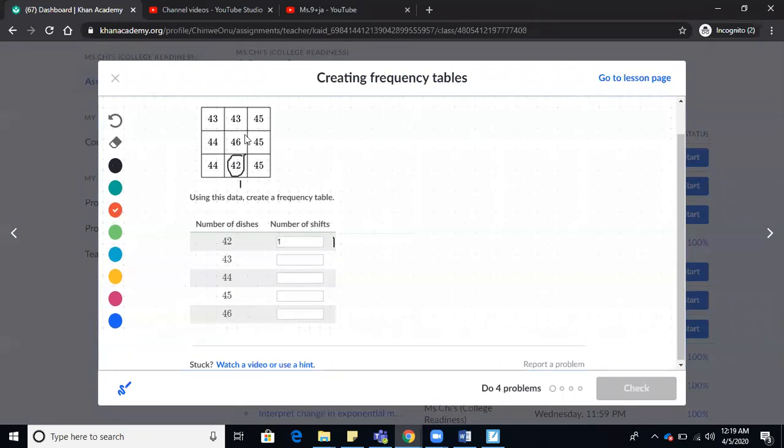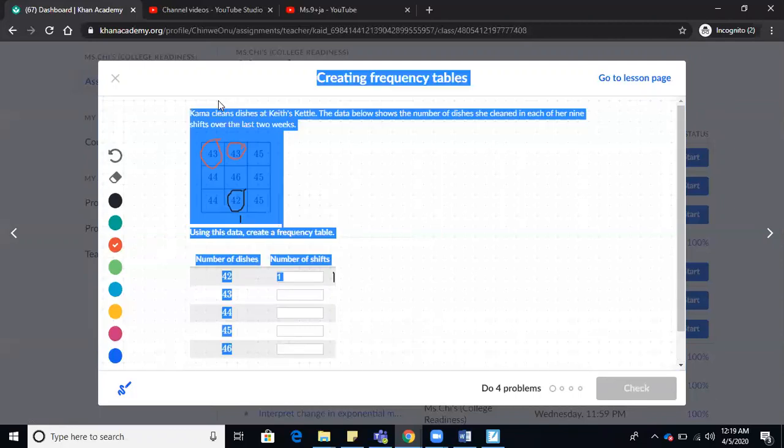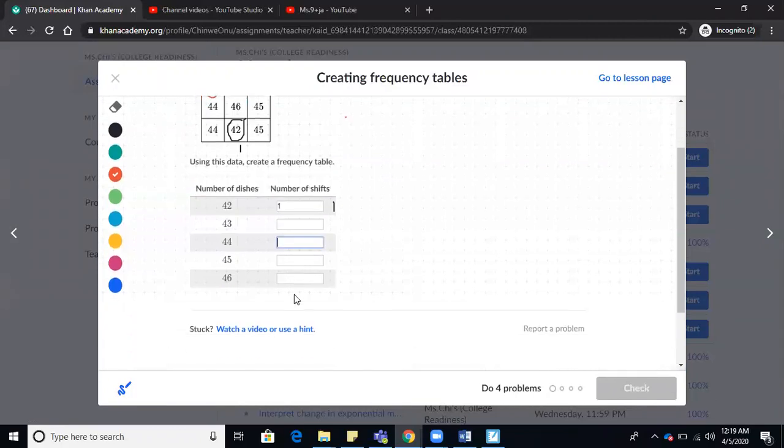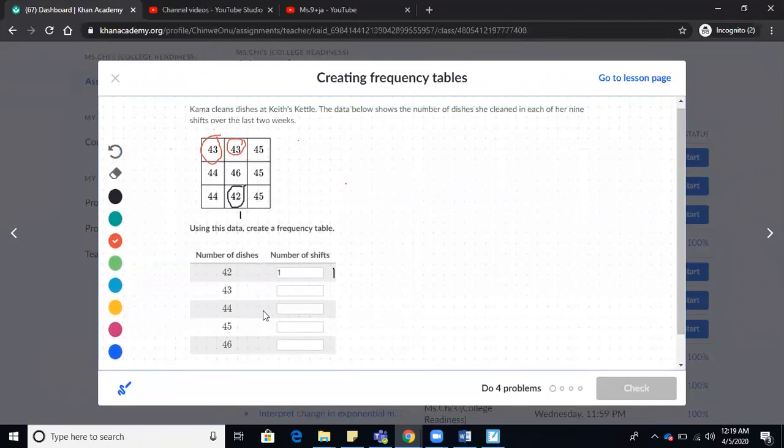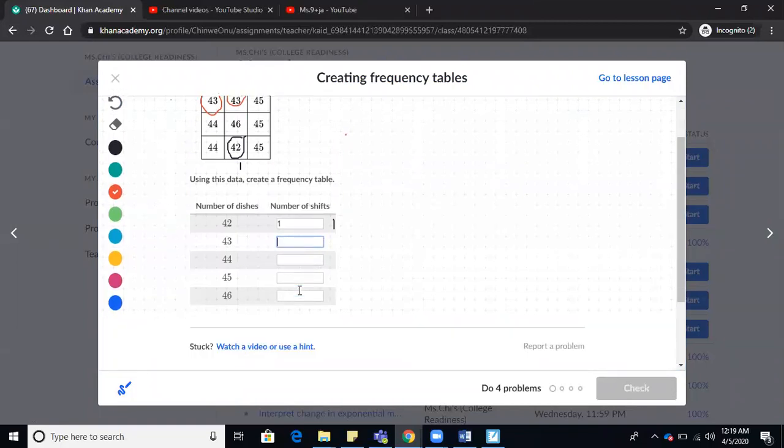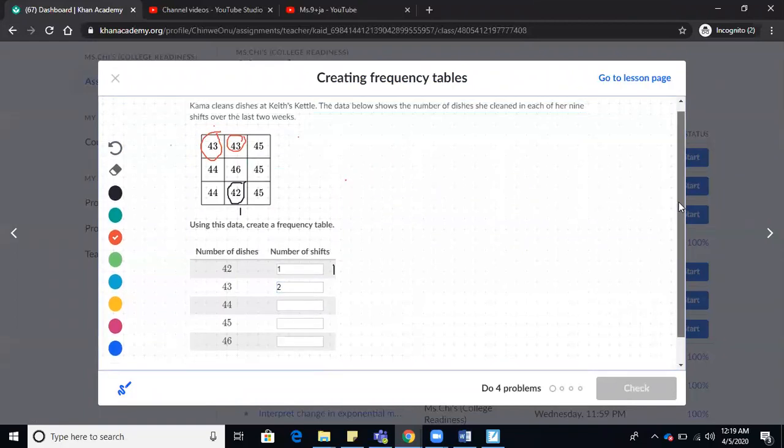Next, I'm going to look for 43. So 43 occurs 2 times. I'm going to go over here to 43 and put 2 for number of shifts. Next, I'm going to 44. 44 occurs 2 times.